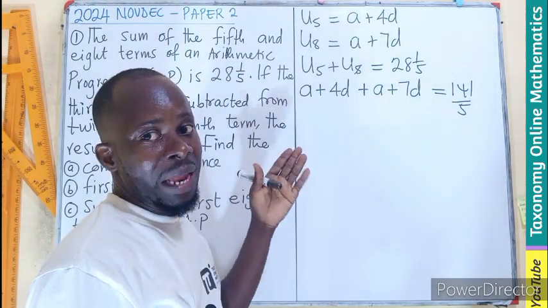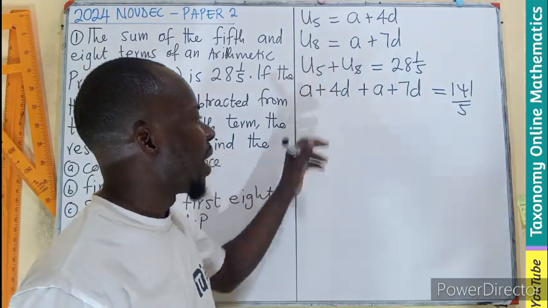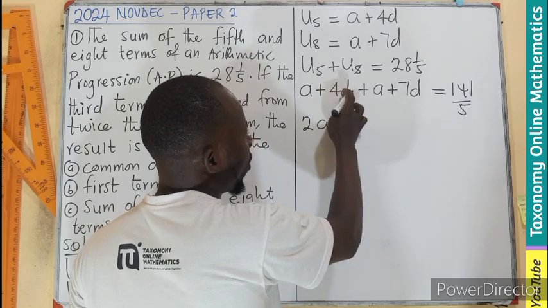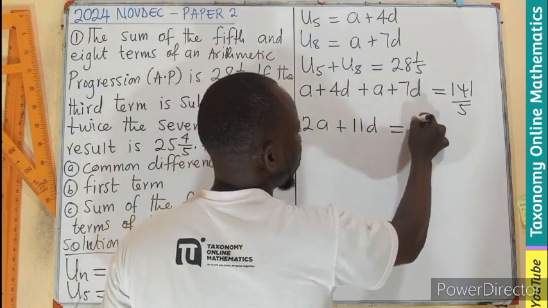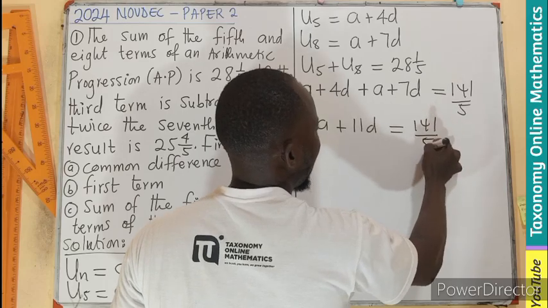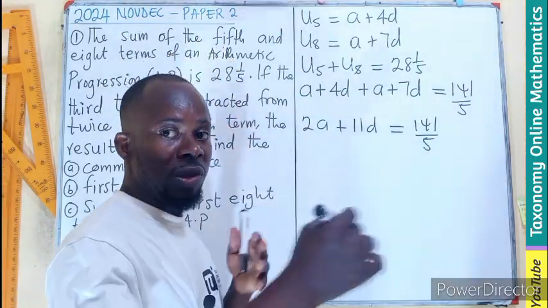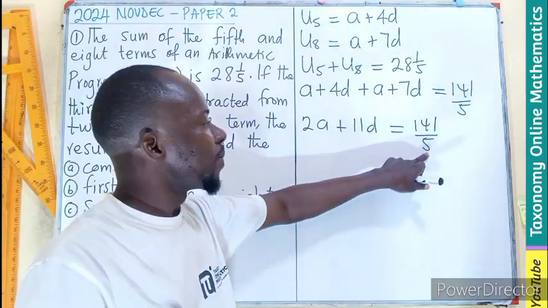This is an equation where we can easily group the like terms. A plus A gives 2A, 4D plus 7D gives 11D, equals 141 divided by 5. Since this equation has a fraction, we multiply by the denominator, which is 5.